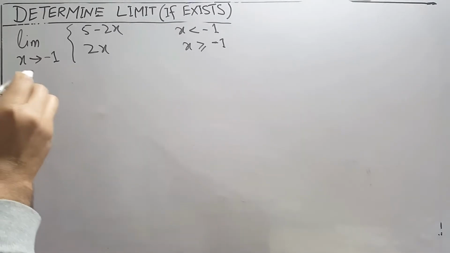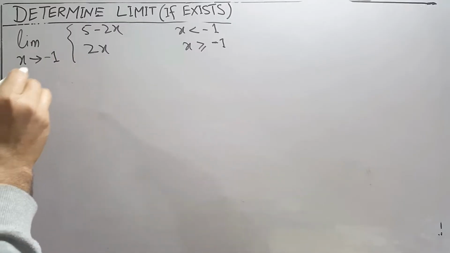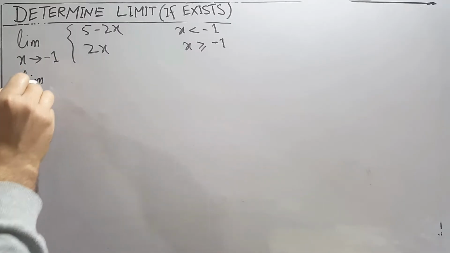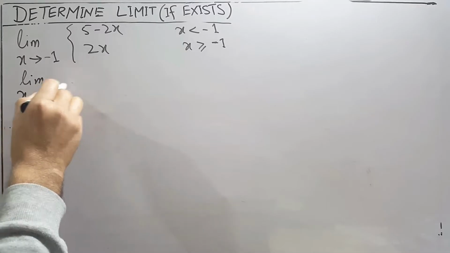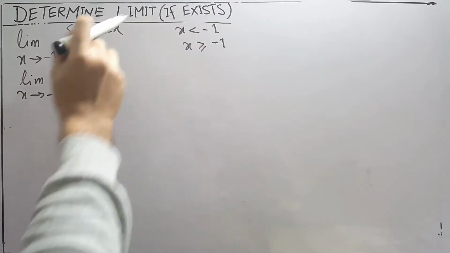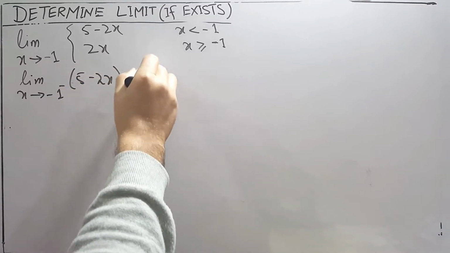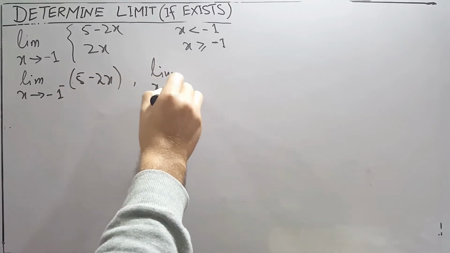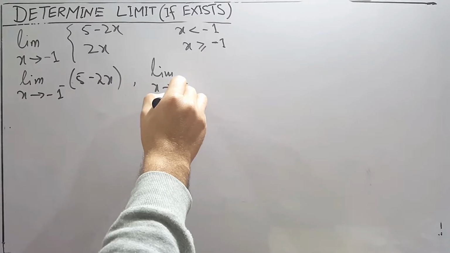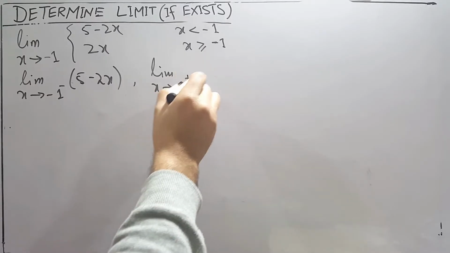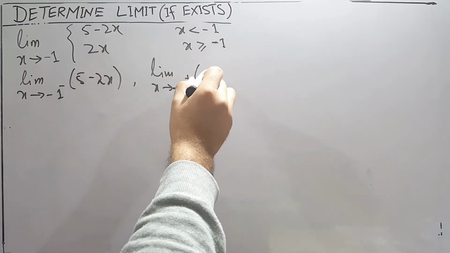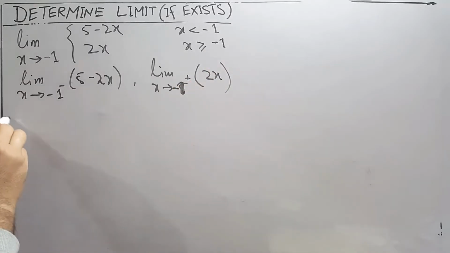Yet another question, with a similar procedure, we have to find the limit from the left side. So this is the left side limit, 5 minus 2x, and then the limit from the right side, which here is 2x.